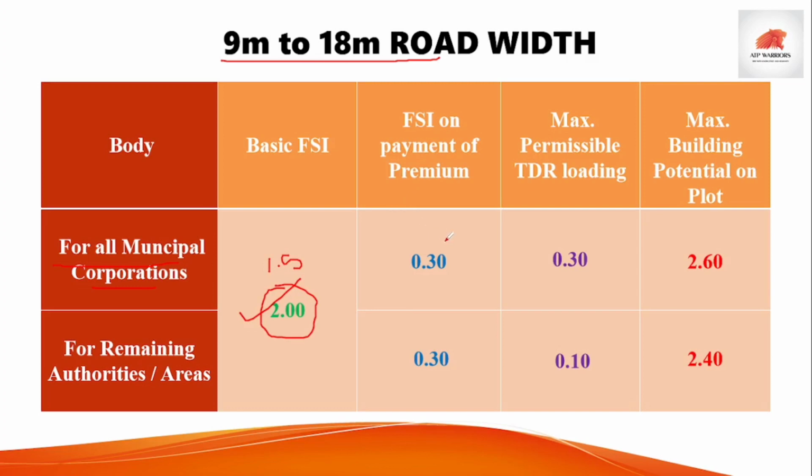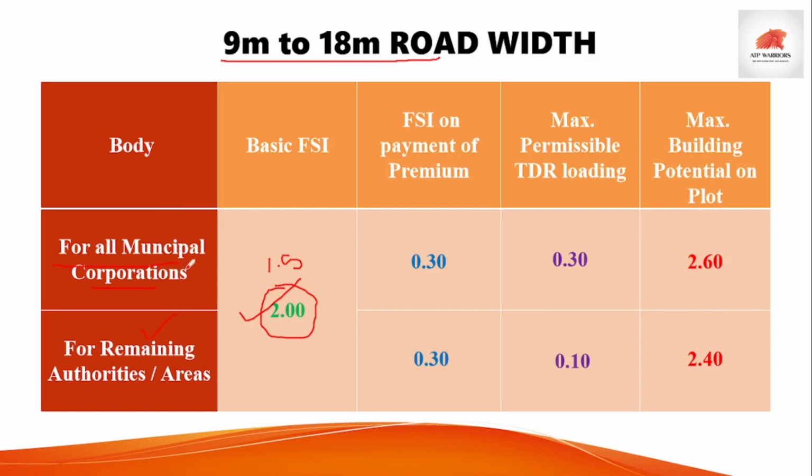In the previous table there was 0 for premium FSI and maximum TDR. So here some values are given. According to those values, how we are going to calculate the maximum building potential, that's what we are going to see here. First we will see the municipal corporations, then we'll go for the remaining authorities.